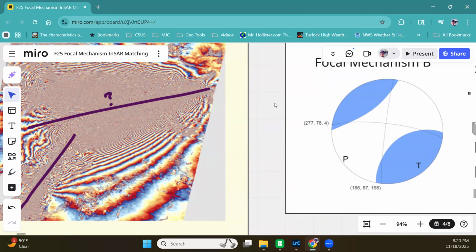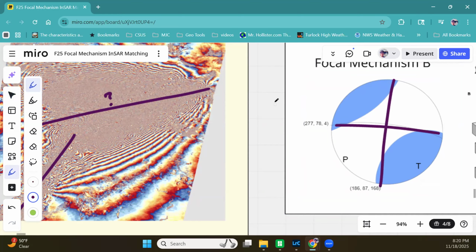It's going to look a little something like that. And so the overall motion that we're looking at here is, for all intents and purposes, basically a strike slip format.